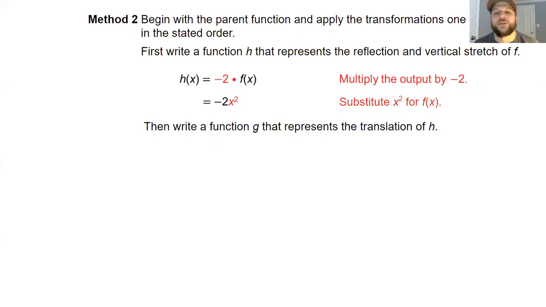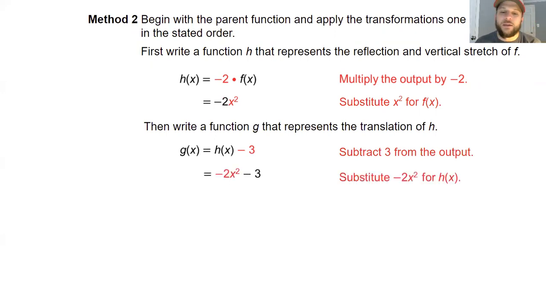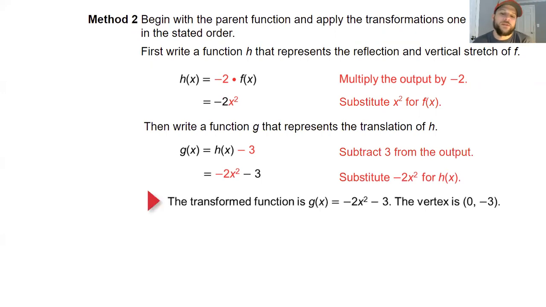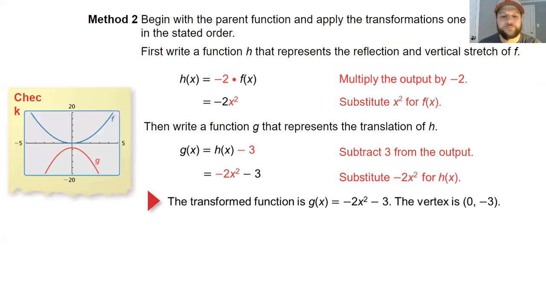Then you write the function that has that translation of the h of x. And that means you're going to take that previous function, subtract 3 from the end, and you just get -2x squared minus 3. And then if you look on the inside of your graph, your h is still 0, your k is -3. So either way, depending on the order, it doesn't really matter. You end up with the same thing.